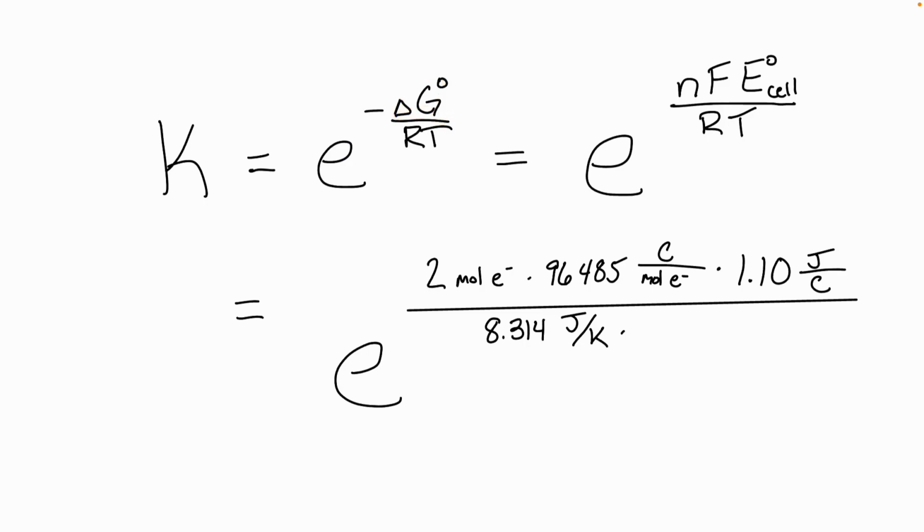And what temperature should we be using here? How do we know it's standard? Because we've got the naught going on, right? We're talking about delta G naught, E naught, which we haven't really talked much about yet, and we're going to circle back. This is going to be important.